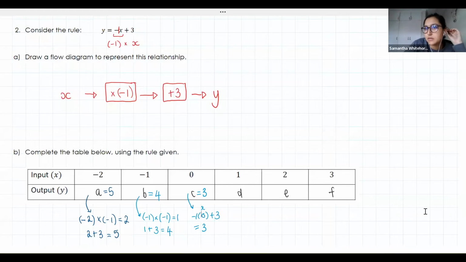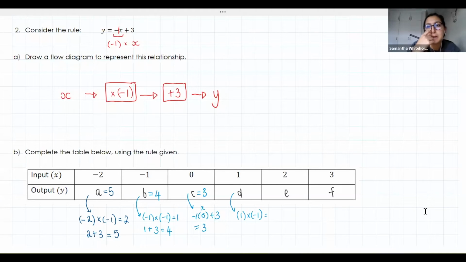Very nice. Princess, do you want to do D for us? Yes, ma'am. Okay, I'm ready. So for D, you're gonna say 1 times -1. Good. And then you're gonna add 3, which will give us 2 because -1 plus a positive.